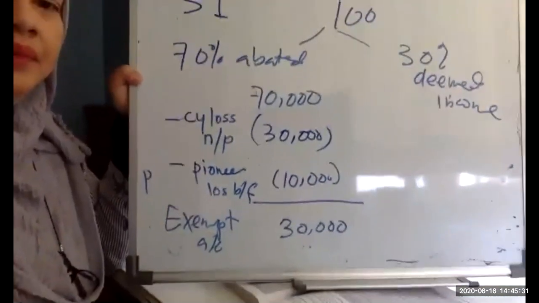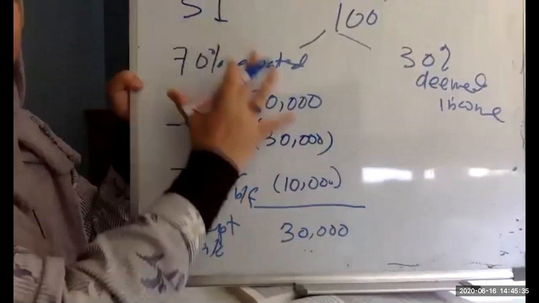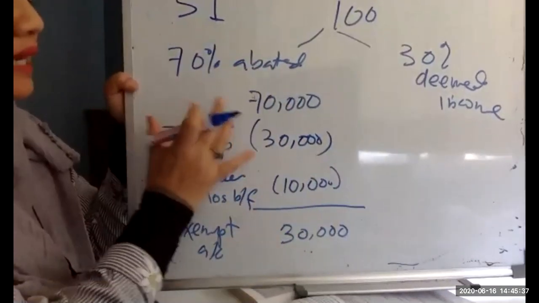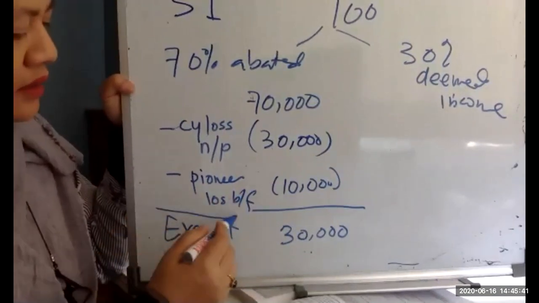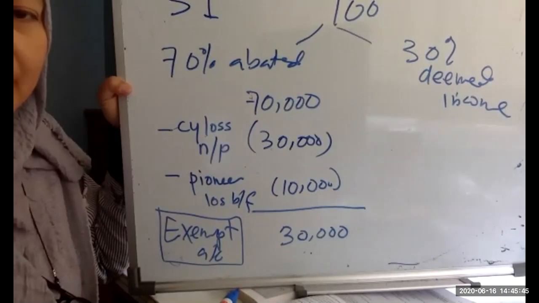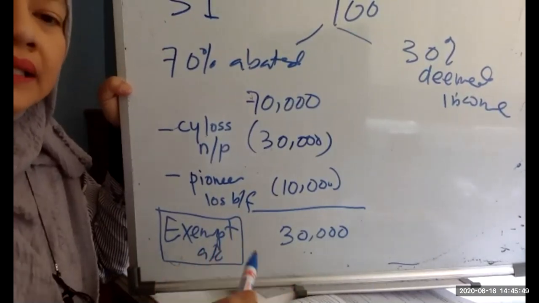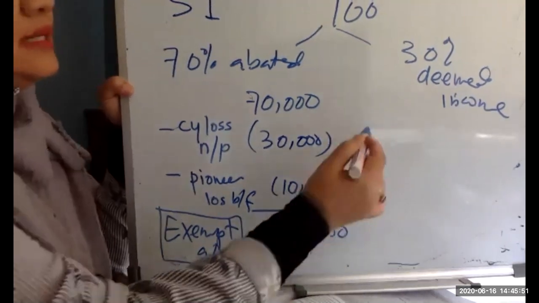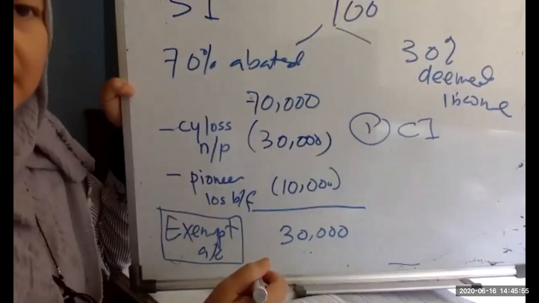Okay, exempt account. So you have to show your workings on the 7% abated minus current year loss and minus loss brought forward in order to determine your exempt account. At the end of the day, remember that whether you want to go for pioneer status or you want to go for your ITA, you want to see number 1, what is the chargeable income under pioneer status.